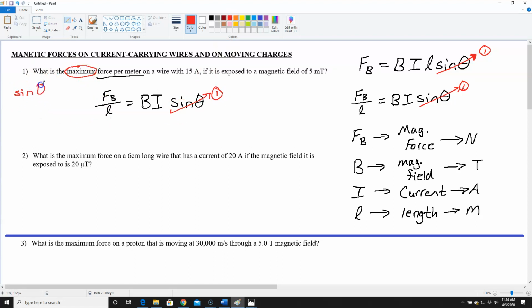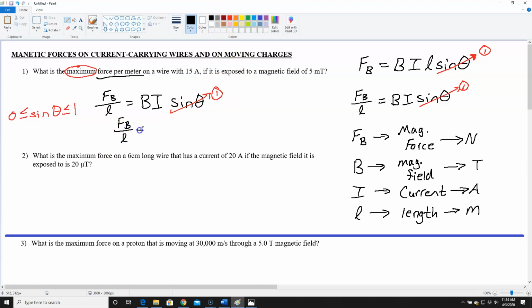The sine of theta, for those of you who aren't aware, is always going to come out to be a number that is greater than or equal to 0, but less than or equal to 1. So sine of theta bounces between 0 and 1. So if I want the maximum, I want this to be equal to 1.